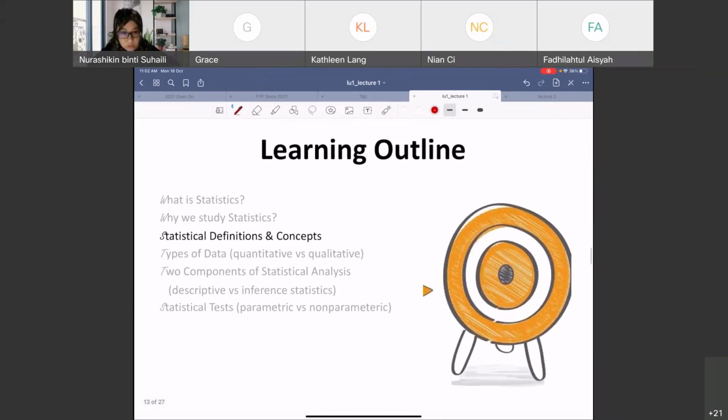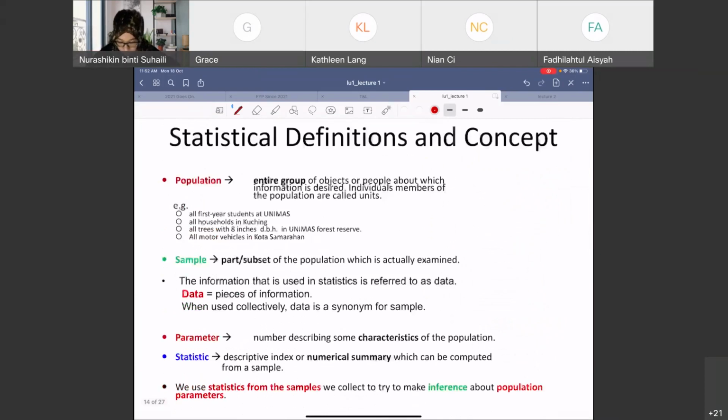Now moving to statistical definitions and concepts. There are several terminologies or concepts that you have to be well versed in when we are in statistics, in order for you to understand how the analysis will go. The first term is population, then sample.